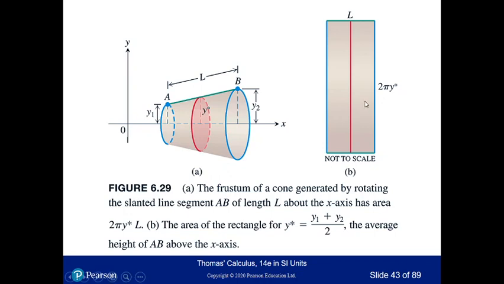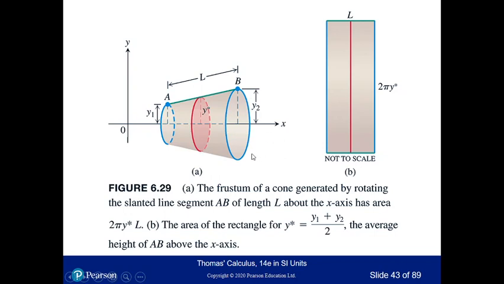Okay, and it's going to be the radius actually. Y star is going to be the radius of this circle, but we need this circle to get the length of this rectangle that we are interested in, and then we need the blue ones, okay?